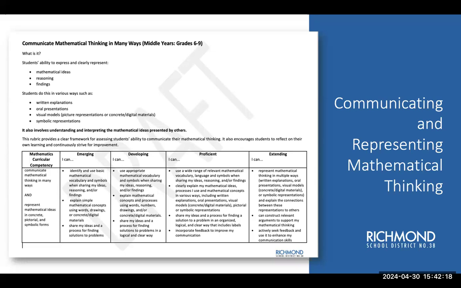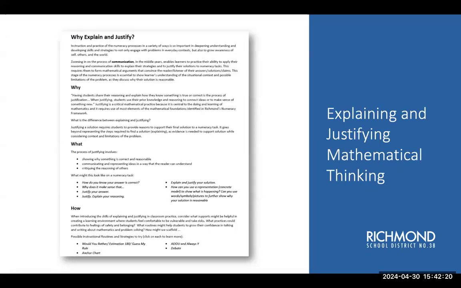And we also want them to be able to incorporate any feedback that we or peers give them to improve their communication skills. When we also think about computational fluency, we're encouraging students to continue to explain and justify their mathematical thinking in all sorts of tasks that we are doing in the classroom in mathematics, whether it be through instructional routines or if they're in math stations.